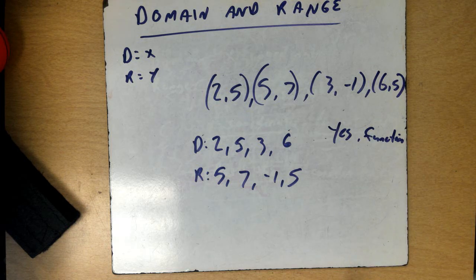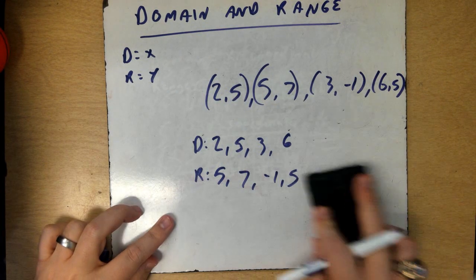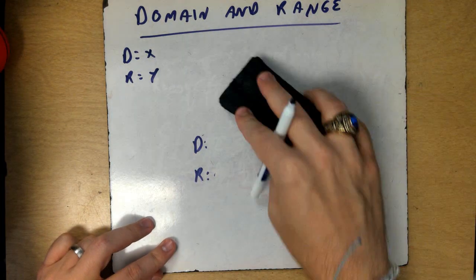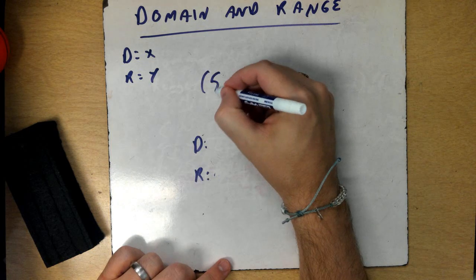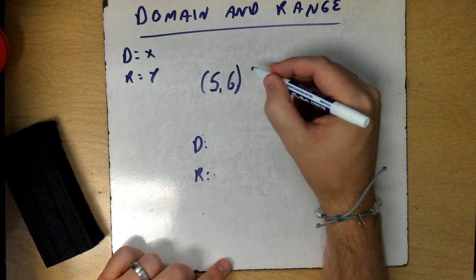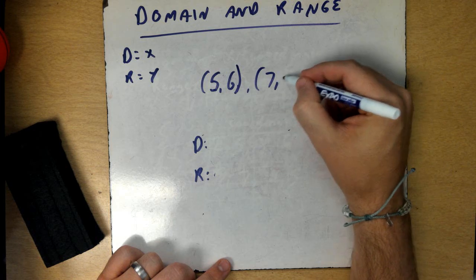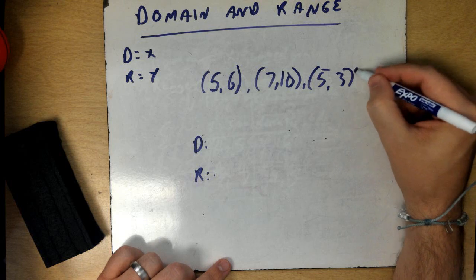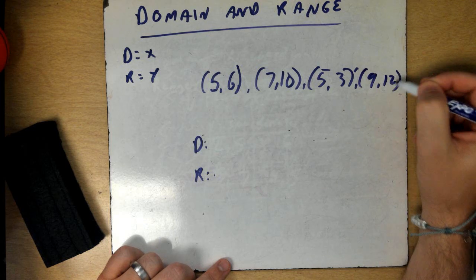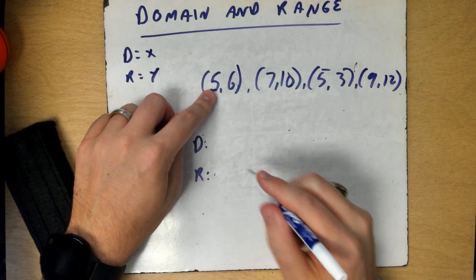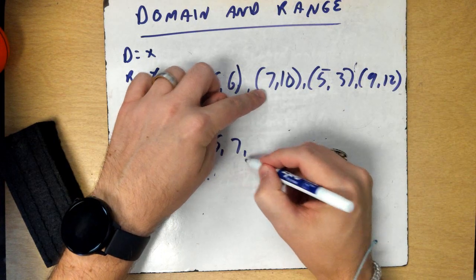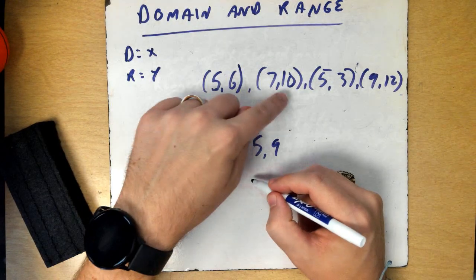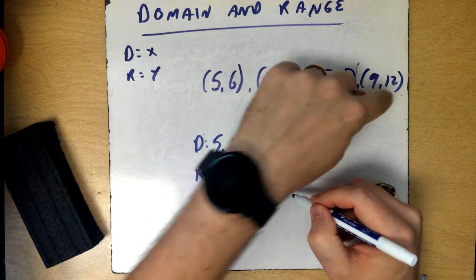Now let's change it up and show you an example of what isn't a function. Let's say you have points (5, 6), (7, 10), (5, 3), and (9, 12). Once again, what's my domain? My x is 5, 7, 5, 9, and my range is 6, 10, 3, and 12.